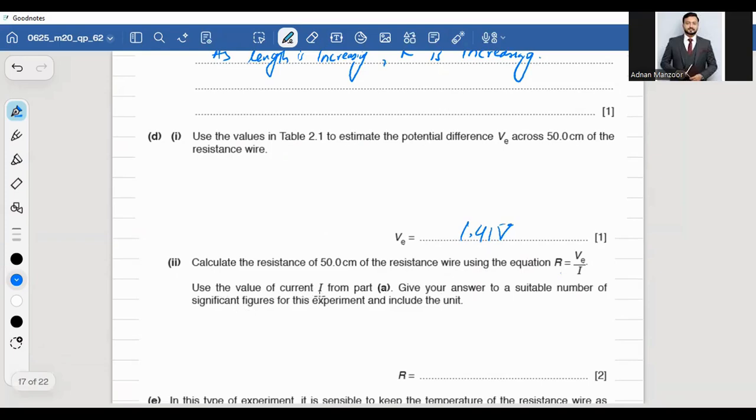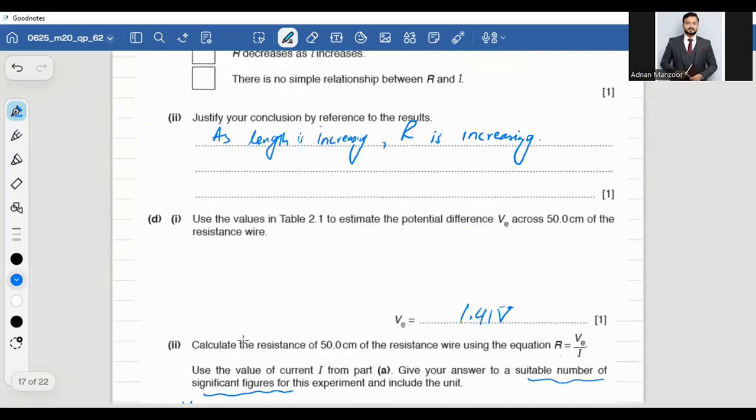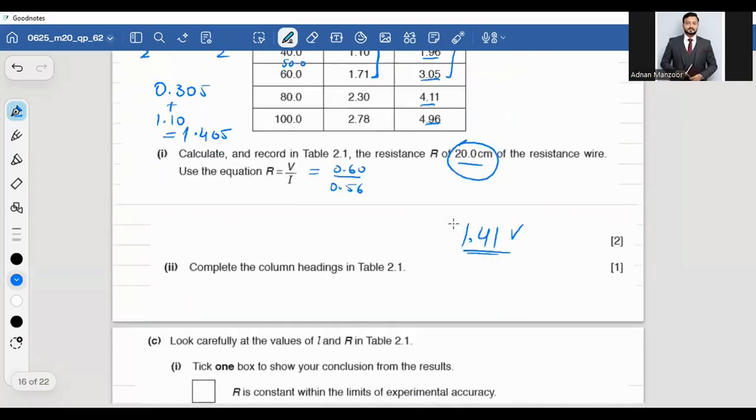Calculate the resistance of 50 centimeters of the resistance wire using the equation V by I. Use the value of current I from part A, and give your answer to a suitable number of significant figures, as given in the question. For example, R equals V by I, which is 1.41 divided by I. So where is the I?